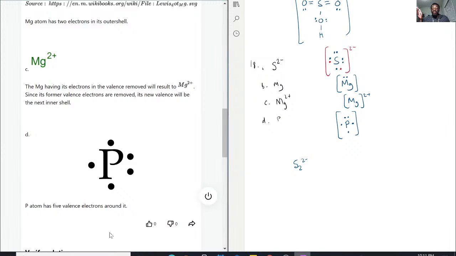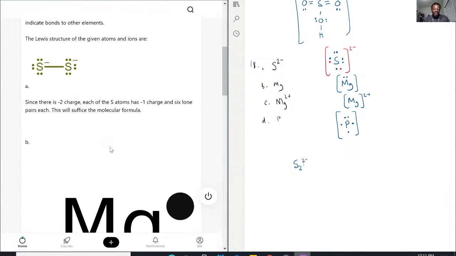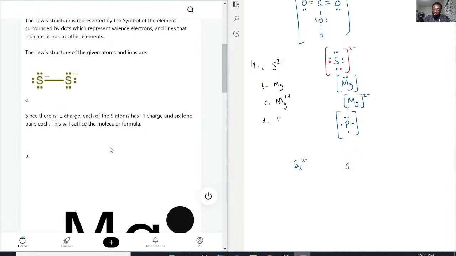For that first one, if it was S2 2 minus, that is indeed what you would get, because as a rough sketch, you have 2 sulfurs, single bonded, and then you have the 2 minus, so it's going to add 1 more electron on each. So that's how you have S2 2 minus.